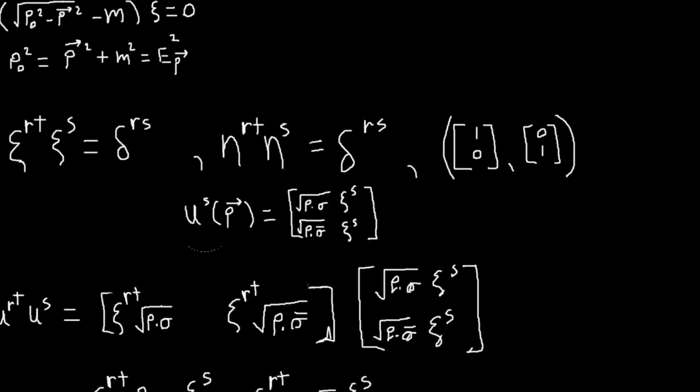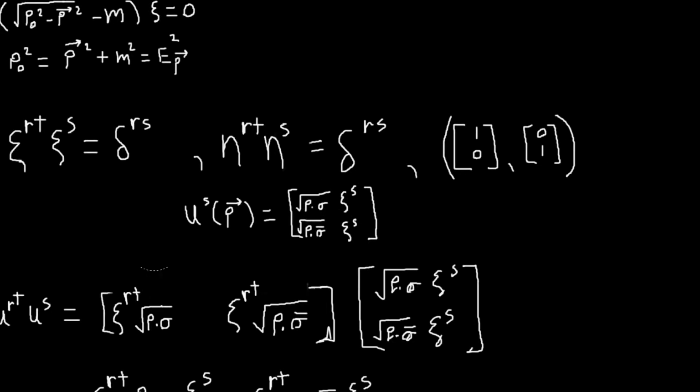So this is u^s, there would also be a u^r. But basically, because the solution takes the form of the same two-component spinors stacked on top of each other, we can write a basis for our four-component spinor solutions in terms of these simple two-component basis spinors.